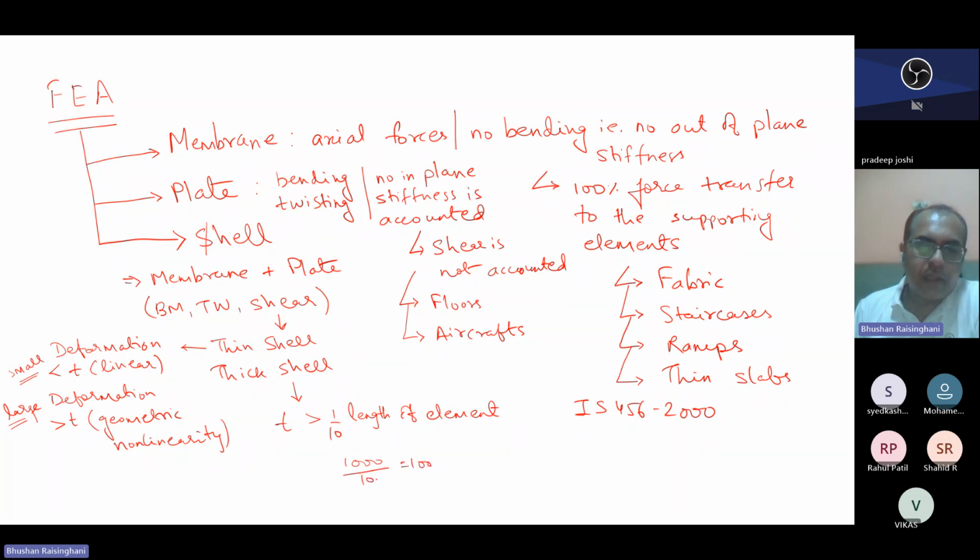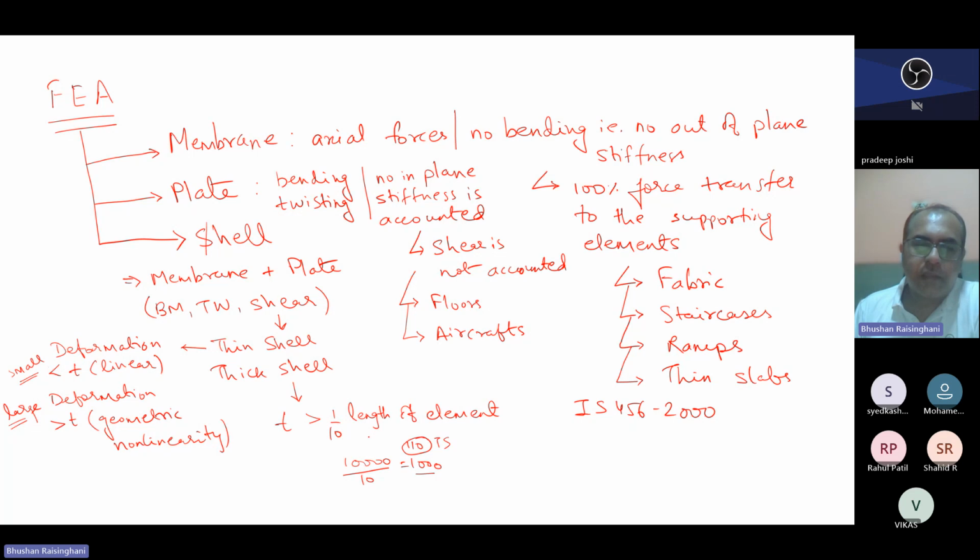So the thickness of the slab is 100 mm and the length of the slab is 1 meter only. If your thickness of the slab is going to be 110 or something like that, then it will become a thick shell. Now, if the length becomes, let's say, 10 meters, then this will become 1000 mm. So your T is, let's say, 110, not more than that. Then this will become a thin shell.